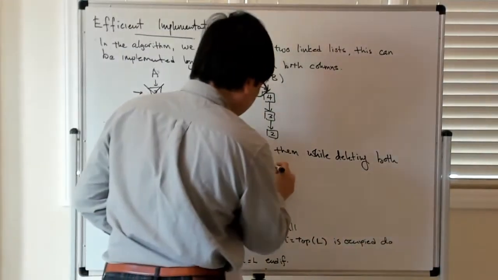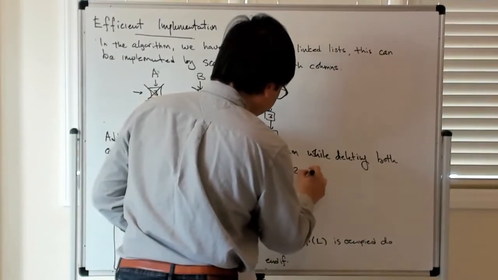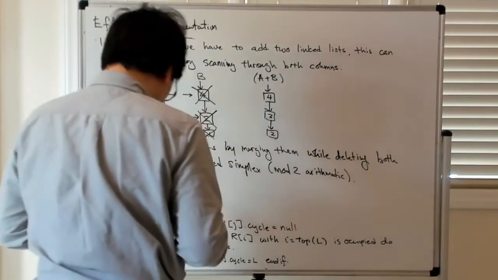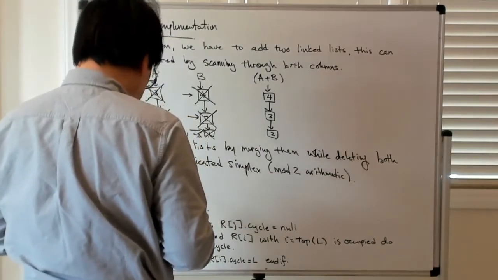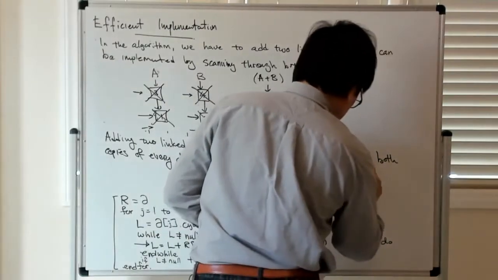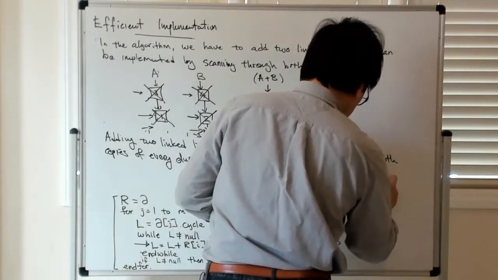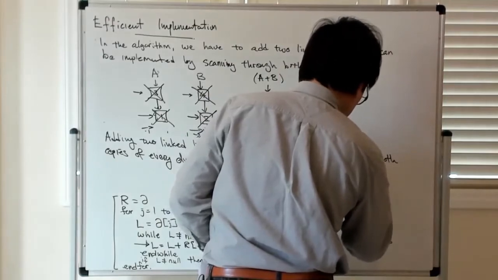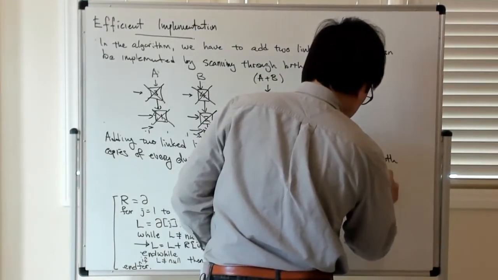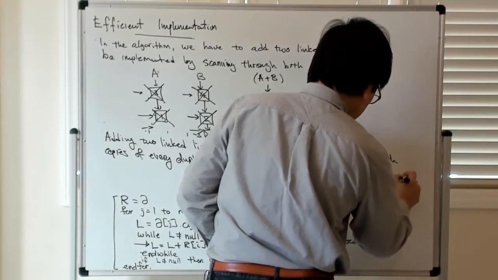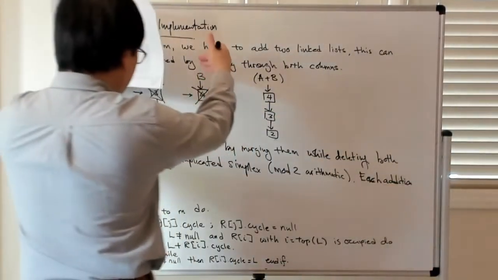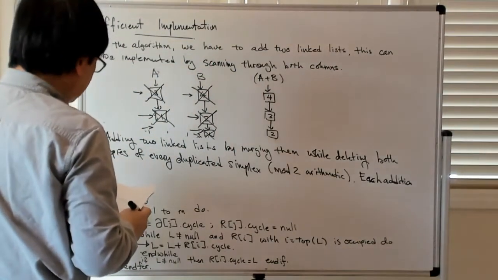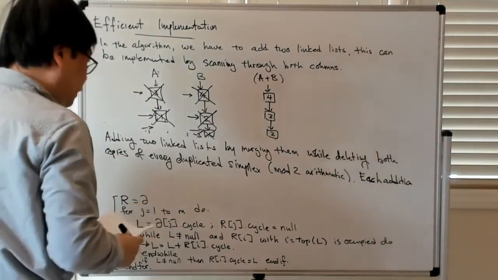This is because we're doing modulo 2 arithmetic. And as you see, each addition involves this parallel scanning of the two original linked lists.